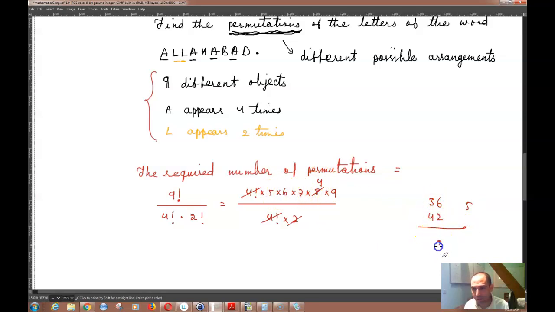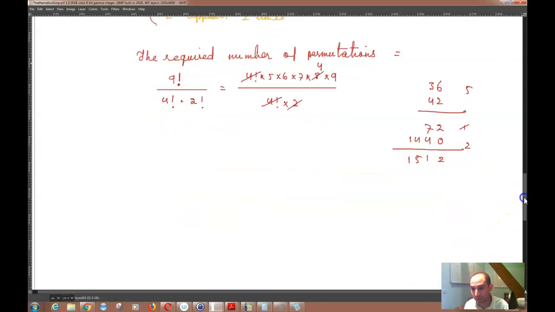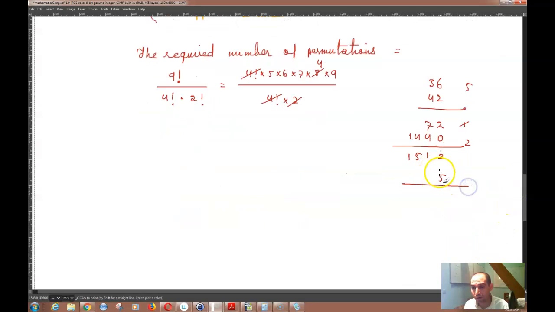Multiplying it out, and then multiplying by 5, we get 7560.